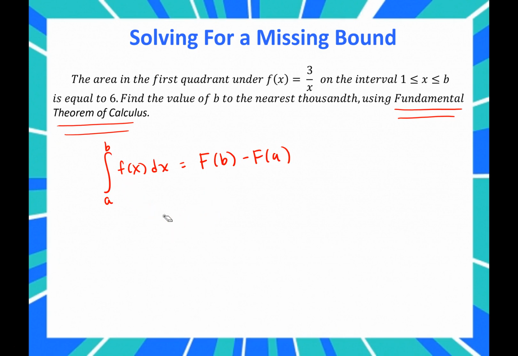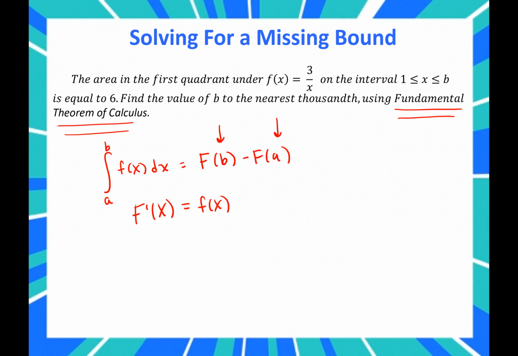So in other words, F prime of x is equal to f of x. And if that's even confusing, just think of it as the way that we calculate a definite integral. That's it. Basically taking the integral and then plugging in the top bound and then subtracting what we get when we plug in the lower bound.